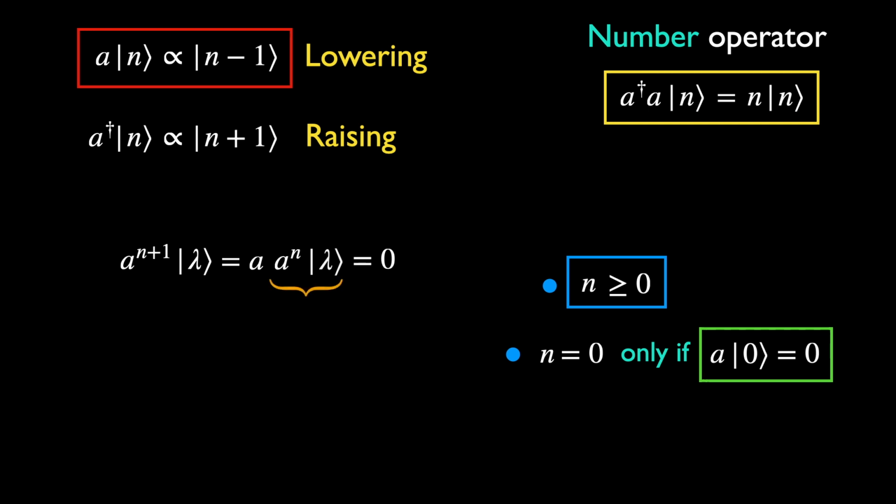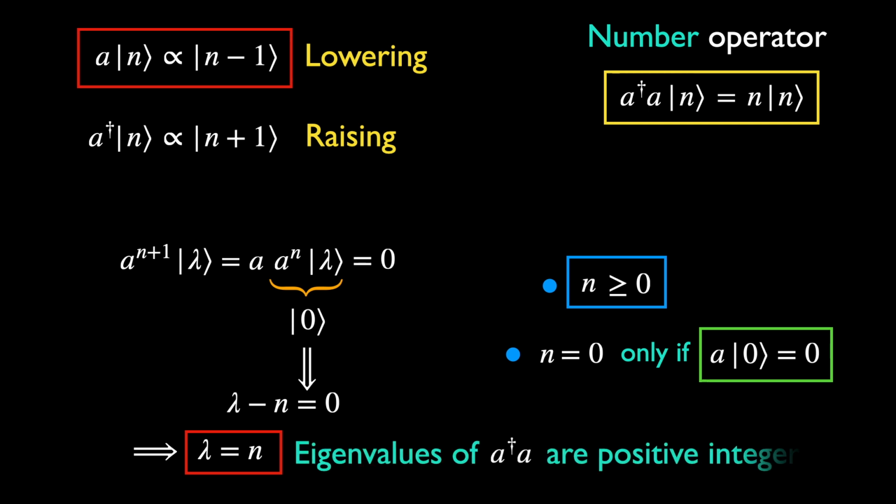And we notice that this state is precisely one of those states with the smallest eigenvalue 0, because it satisfies the condition in the green box. This already tells us that the eigenvalue lambda is in fact equal to n. Since lambda is any arbitrary eigenstate of the number operator, this means all its eigenvalues are positive integers. This is the origin for the name number operator.